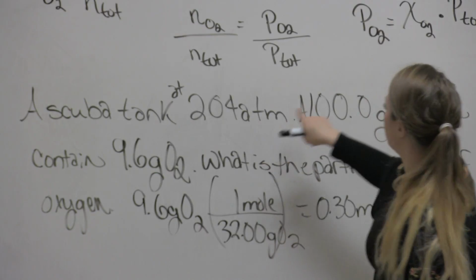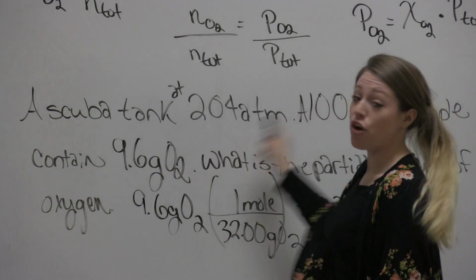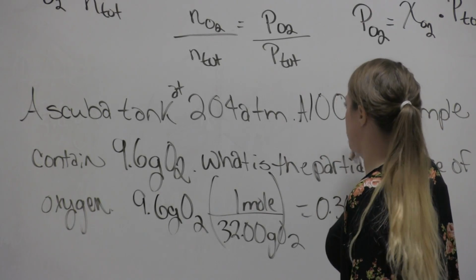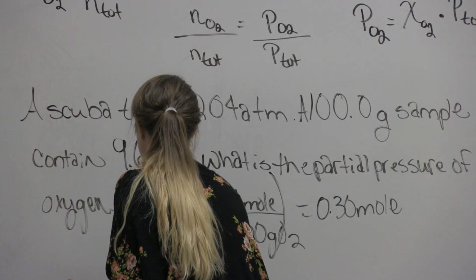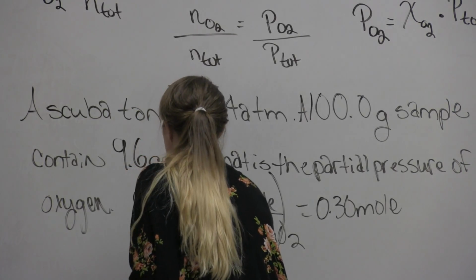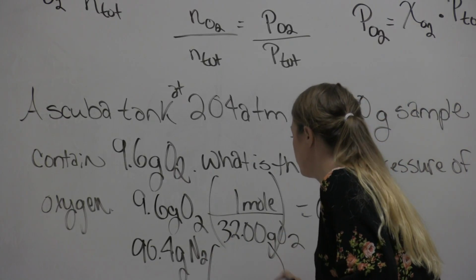And here, if we have a 100-gram sample, and it's just oxygen and nitrogen, the leftover gas in the container must be nitrogen. So 100 minus 9.6 is going to give you 90.4 grams of N2. Okay, we need to do the same thing. We need to convert this to moles.